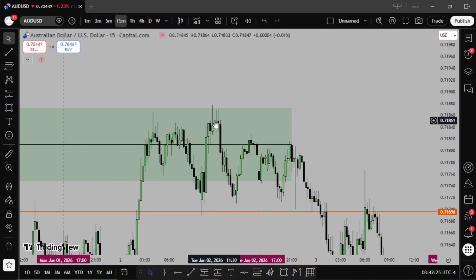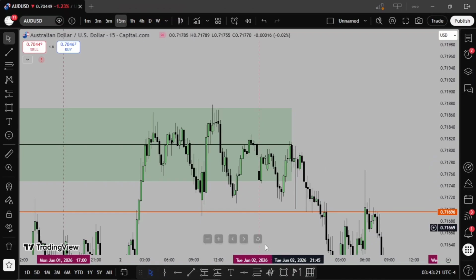As long as, remember, it is in this PDRA which you marked. So we have price forming now the first lower high, lower low, lower high, lower low.